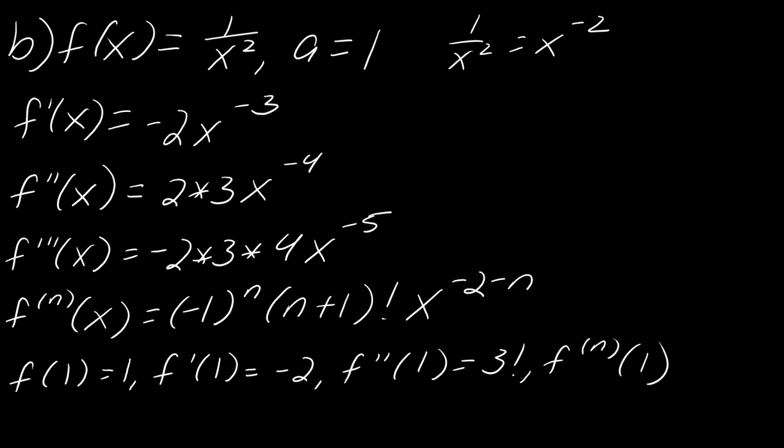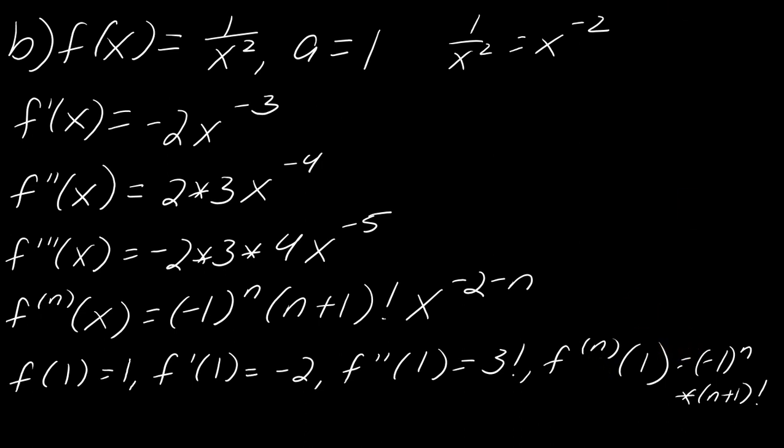So the nth derivative of 1 is going to equal negative 1 to the n times this n plus 1 factorial. If I'm plugging in 1 for x, that just goes away, so I'm just left with all of this. Okay, so that's everything that I need to actually build out my series.